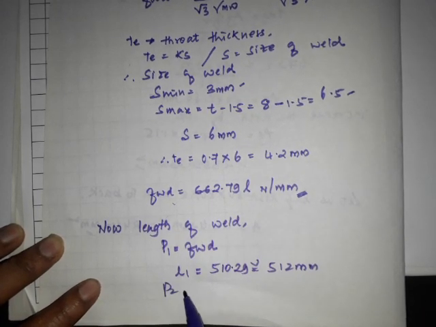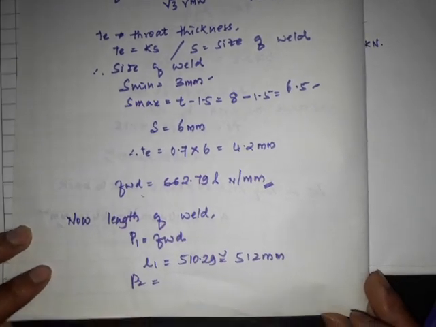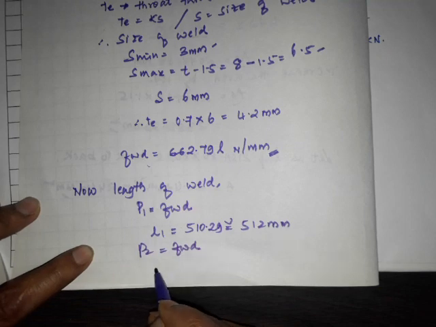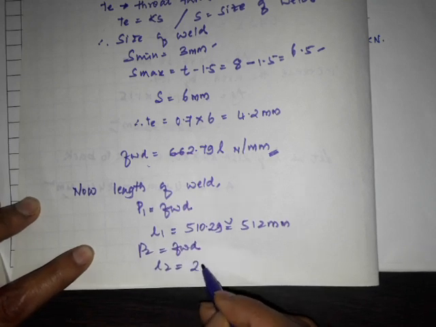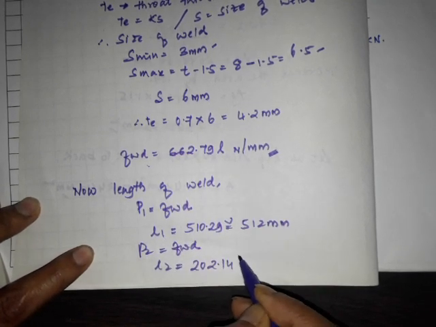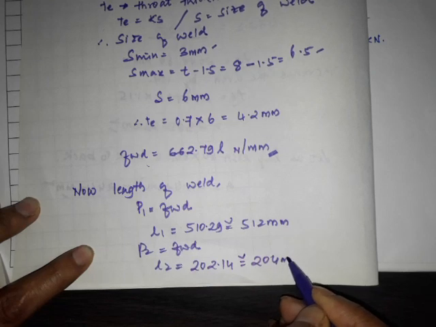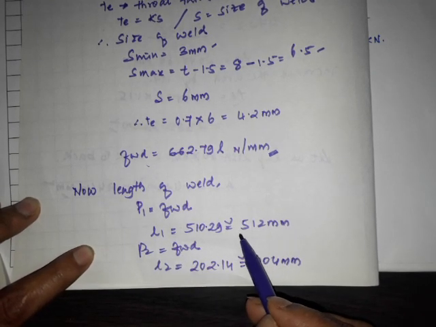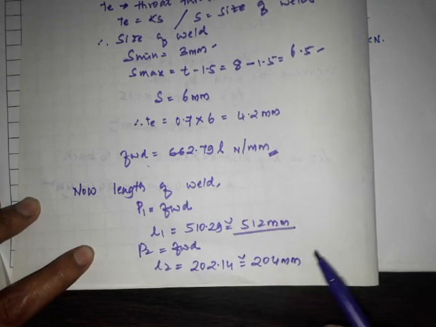And by equating P2 is equal to FWD, we get L2 is equal to 202.14, so we'll make it 204 mm. So we have to provide L1, the length of weld L1 512, and the length LW2 that is 204.